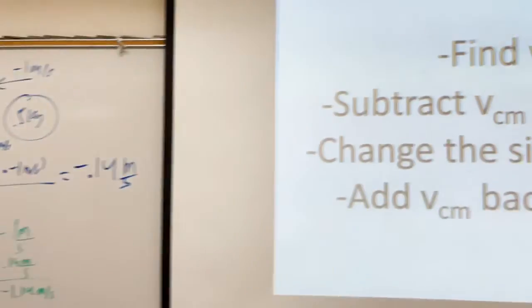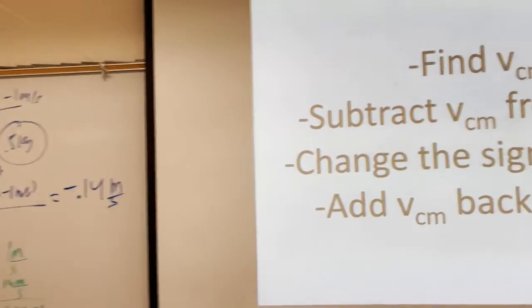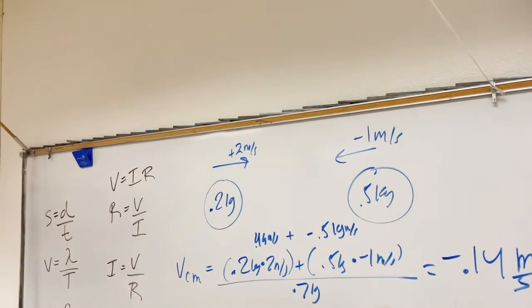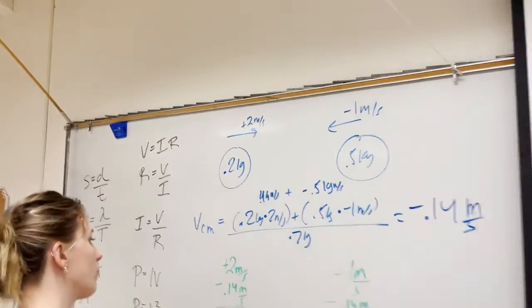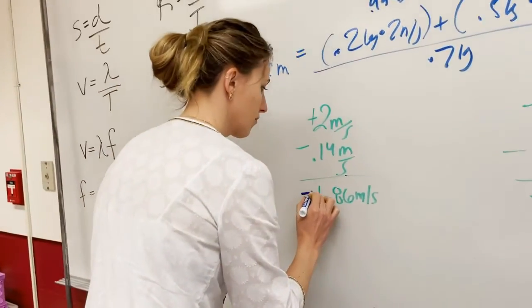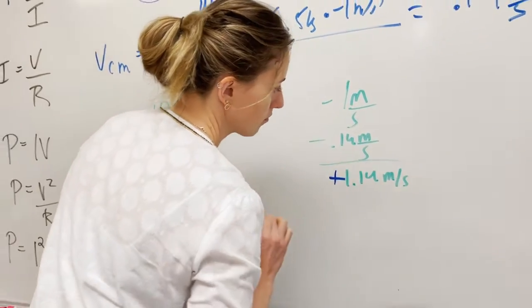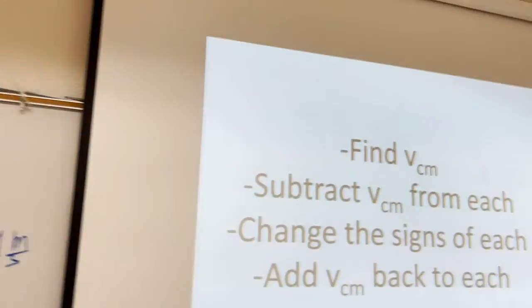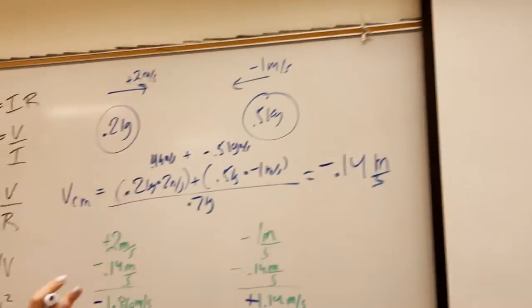Okay, what's next? So we have just subtracted the velocity of the center of mass from the velocity of the balls originally. Now we have to change the sign of each. So this over here becomes negative, and that becomes positive. Okay. So now we just have to add the velocity of the center of mass back.